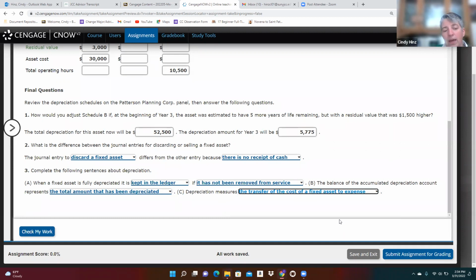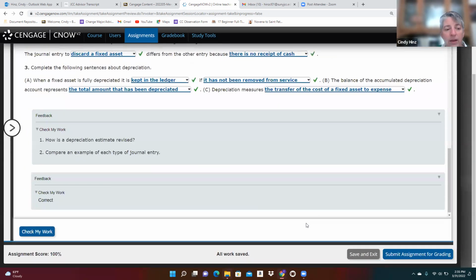And so, again, that last one is the only one that is always going to be correct. Depreciation measures the recording of the upfront cost, spreading it out over the useful life of that asset. The reason we do that is because of the matching principle. And so we are done with that problem.